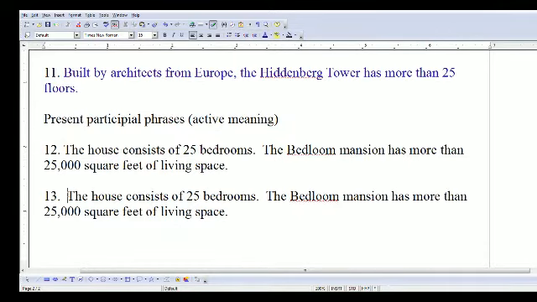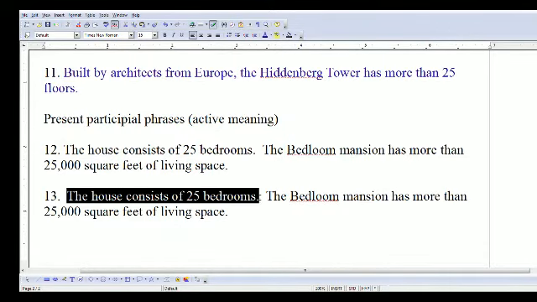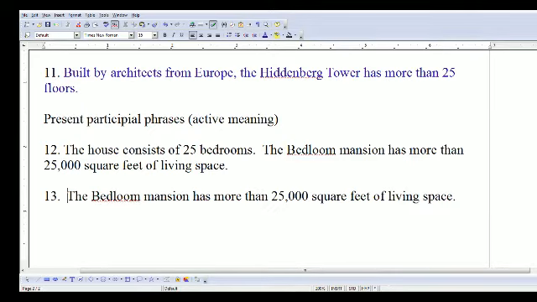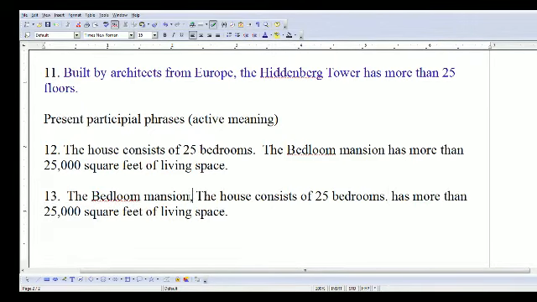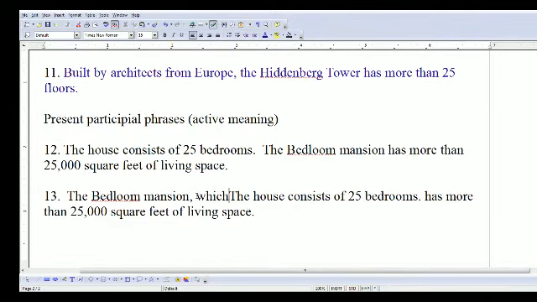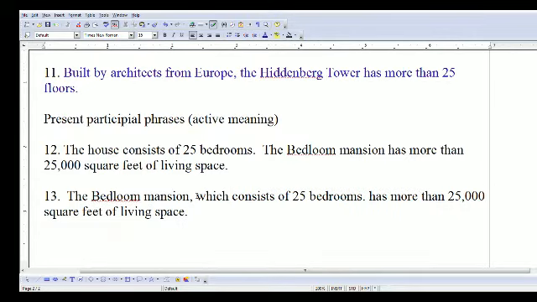So here I think it is this. I'm going to take this idea and put it directly after the subject. So the bedroom mansion, we will say, which consists of 25 bedrooms, comma, has more than 25,000 square feet of living space.